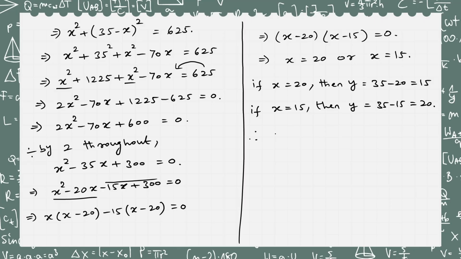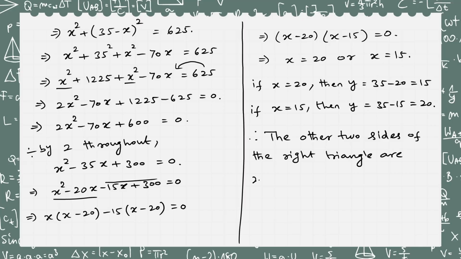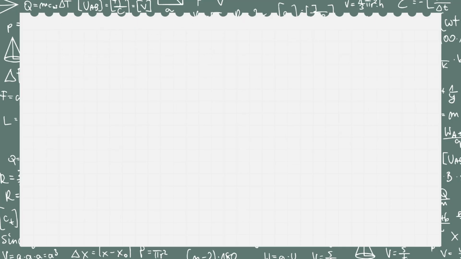So therefore the other two sides of the right triangle are 20 centimeter and 15 centimeter, right? So that's the answer. Let's see the next sum.